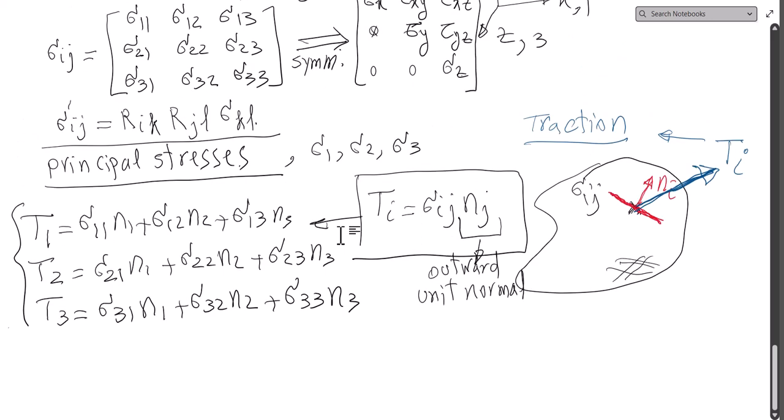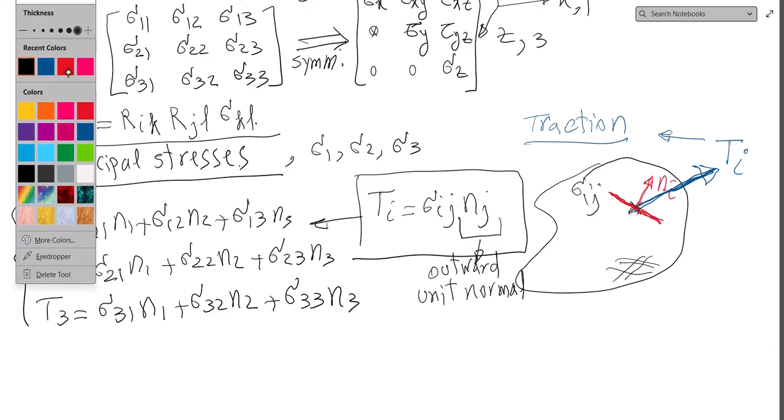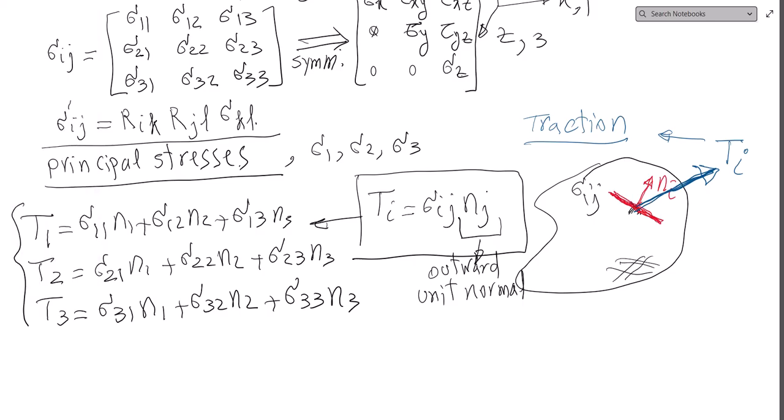Similar here. Now, once you have that, then you come here and say, okay, two things are happening. First of all, that we have to pay attention to is that this plane is arbitrarily oriented by Ni.